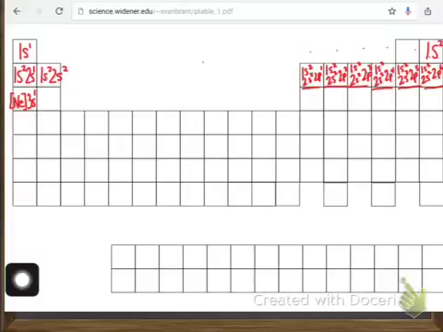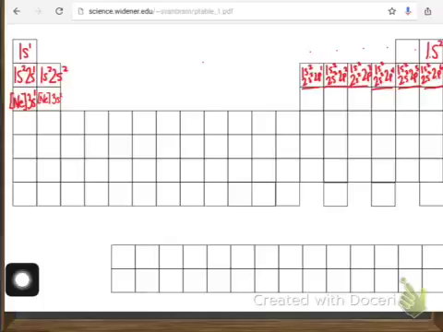Okay, so go ahead and write the noble gas notation for magnesium. That would be this one right here, 12 electrons. We have neon 3s2.